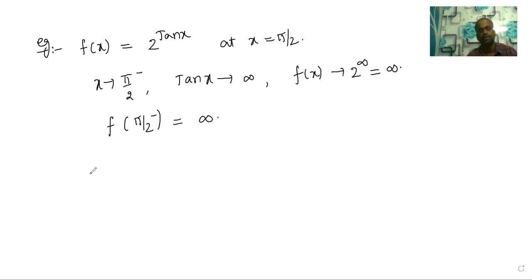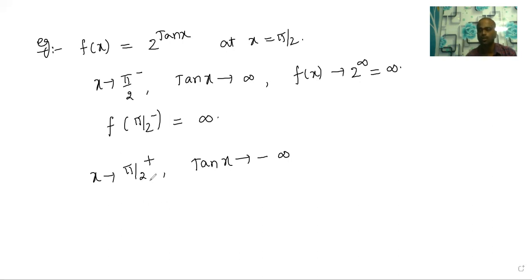Next, as x tends to pi by 2 plus, tan x is tending to infinity, but it is minus infinity. It is because pi by 2 plus means just more than 90 degrees. Just more than 90 degrees, you can consider for example 90.1 degrees or 91 degrees. That angle lies in the second quadrant, and in the second quadrant tan x is a negative number.